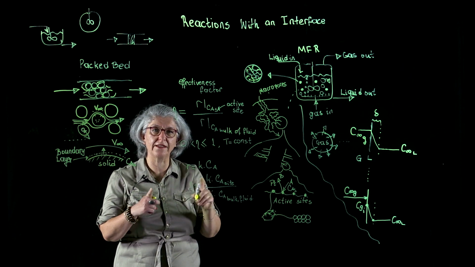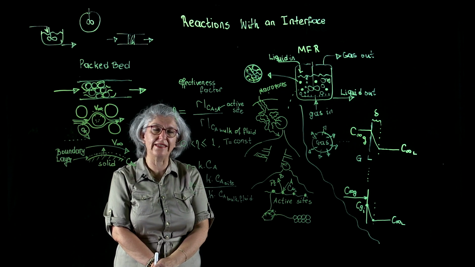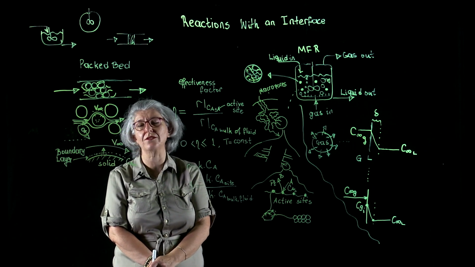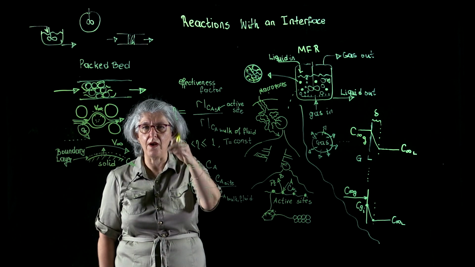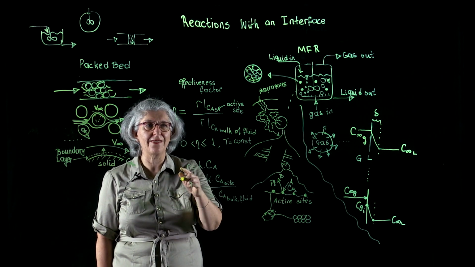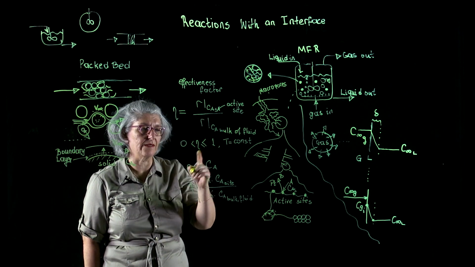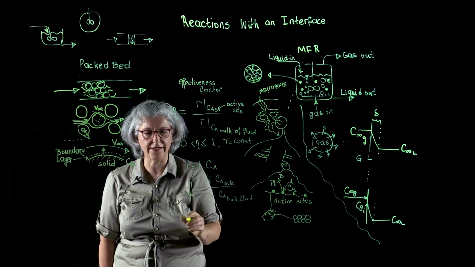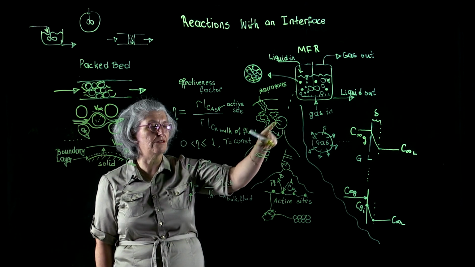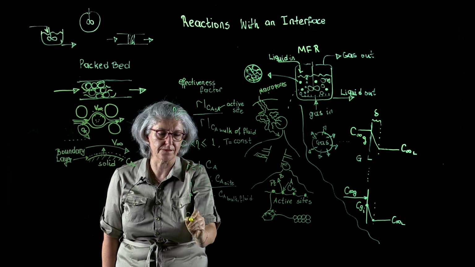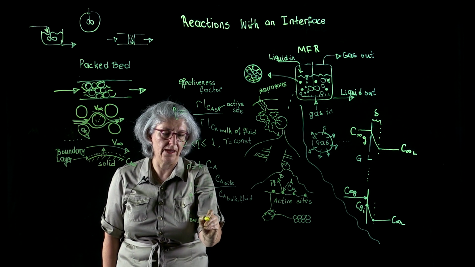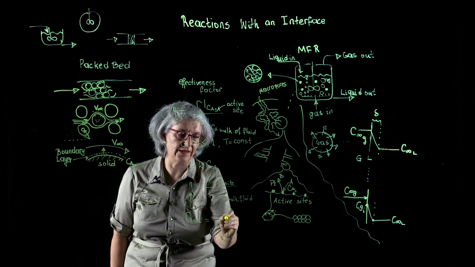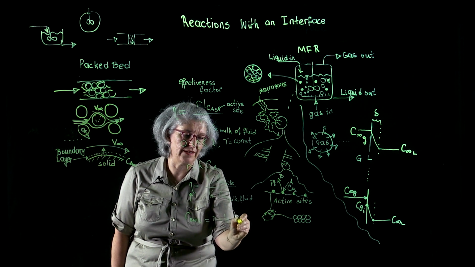So if we can devise a model that gives us this concentration ratio, then we know how effective our catalyst is. So if we know how effective our catalyst is, then all we need is the bulk concentration. We can have the value of the effectiveness factor, and we can estimate the rate in the bulk as the effectiveness factor times k times Ca bulk.